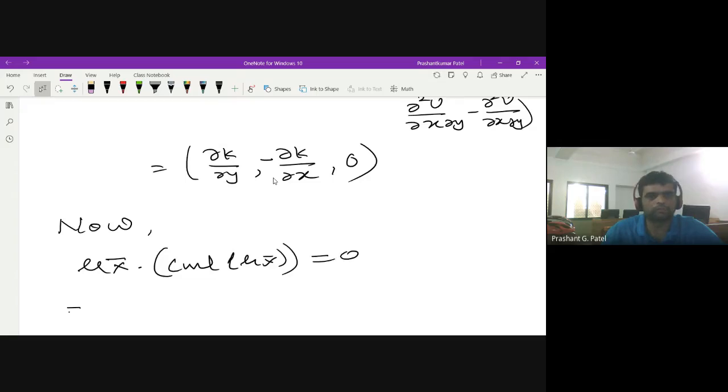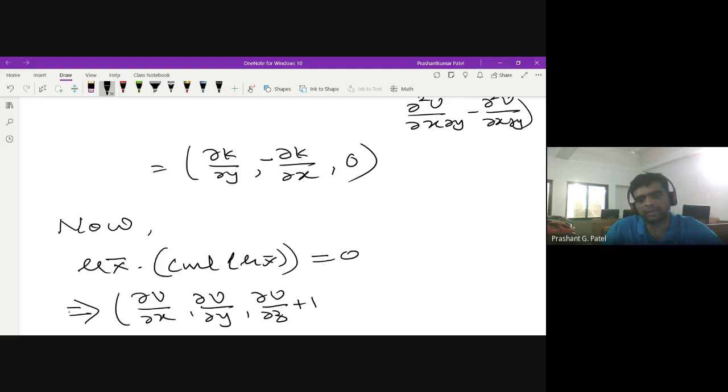We have been given that. That implies mu into x bar is del u by del x, del u by del y, del u by del z plus k. And this value we have calculated: del k by del y minus del k by del x is equal to 0.